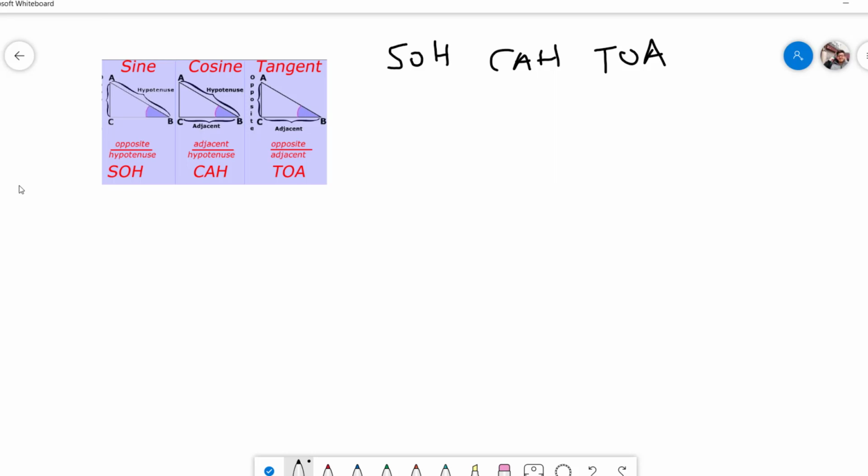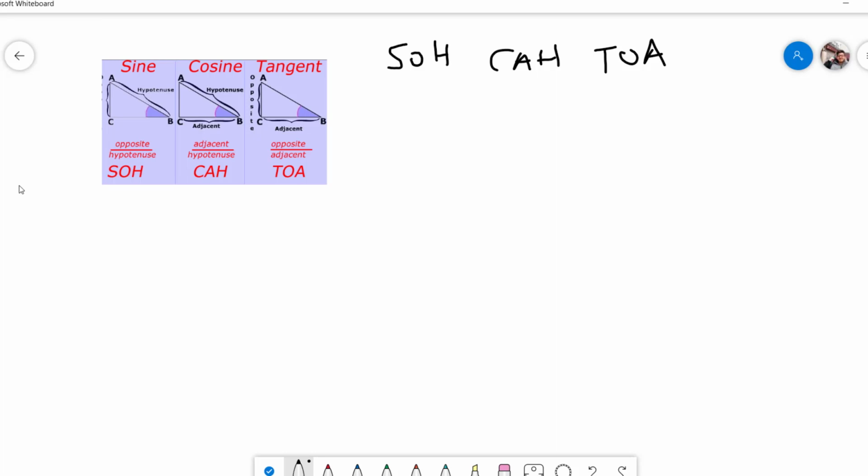The opposite is the side opposite the angle that you're given or looking for, and the hypotenuse is the longest side. So the only side we haven't used is the adjacent, the side that is not used, if that makes sense. Hopefully it does.